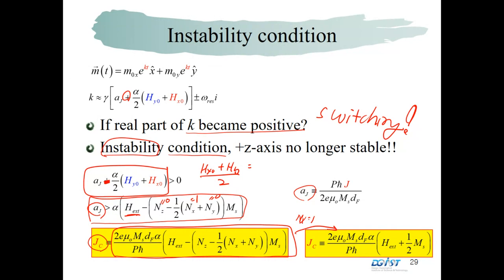So this is called the switching current density. When we apply a current density larger than the switching current density, we can obtain the instability condition, or we can obtain the switching by STT.